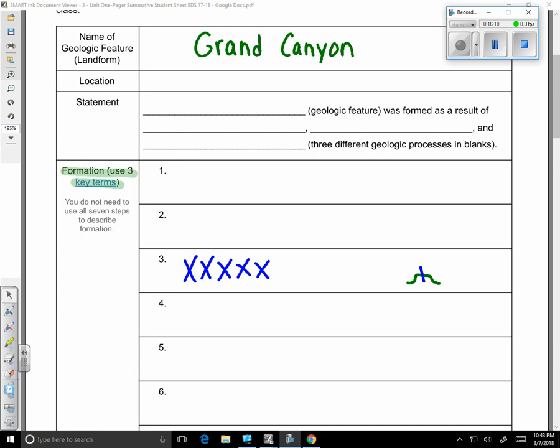So you have that water breaking down all the little pieces of rock and soil that's in that plateau, and the water is not only breaking it into small pieces, but it's also eroding it, or it's carrying those little pieces down the river. And so it's starting to slowly carve just a little hole there. So please put that in your own words.